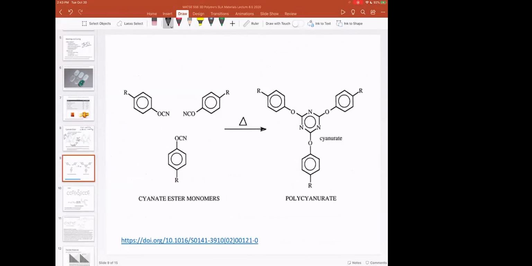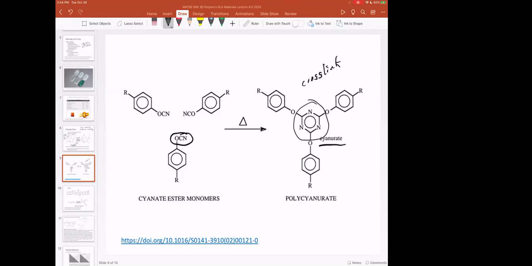And so the cyanate ester chemistry comes from this thing. This is a cyanate ester, and it makes this cyanurate right here, which is this funny looking 6-membered ring. So this is the crosslink. And it's just a little bit different organic chemistry than what you saw in the acrylate photopolymerization part.